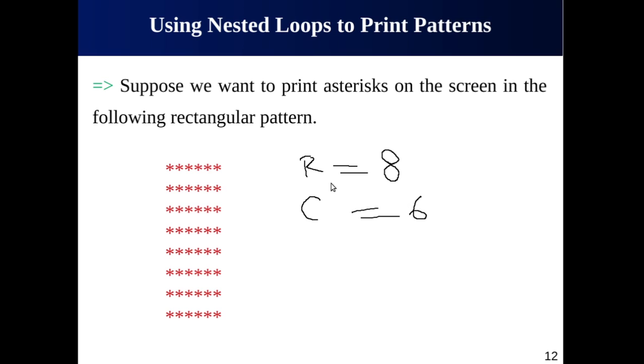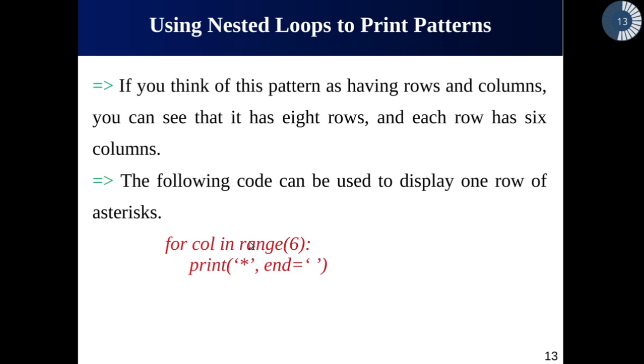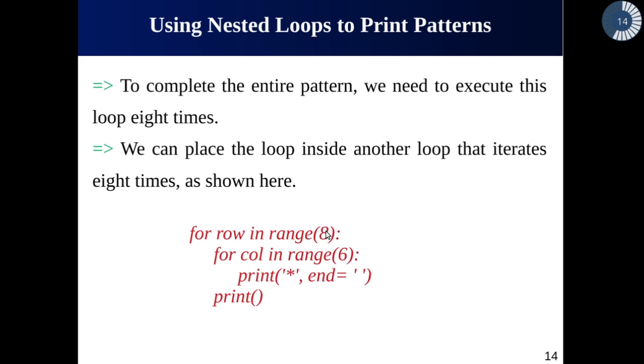When you write the program, one loop will have a range of 8, and one loop will have the value 6 in the range. Here is the example: column represents the number of columns, and I have a total of 6 columns, and row represents the total number of rows, which as we saw is 8.